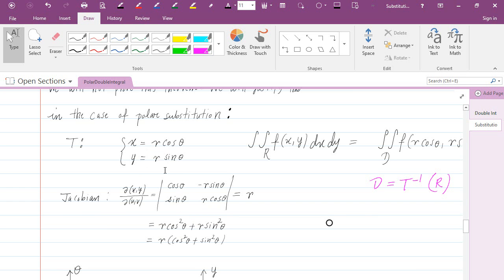If we compute the partials, we see that the determinant is r cosine squared theta plus r sine squared theta, and if we factor out r, we get r times cosine squared theta plus sine squared theta. Since this sum is 1, the Jacobian is equal to r.